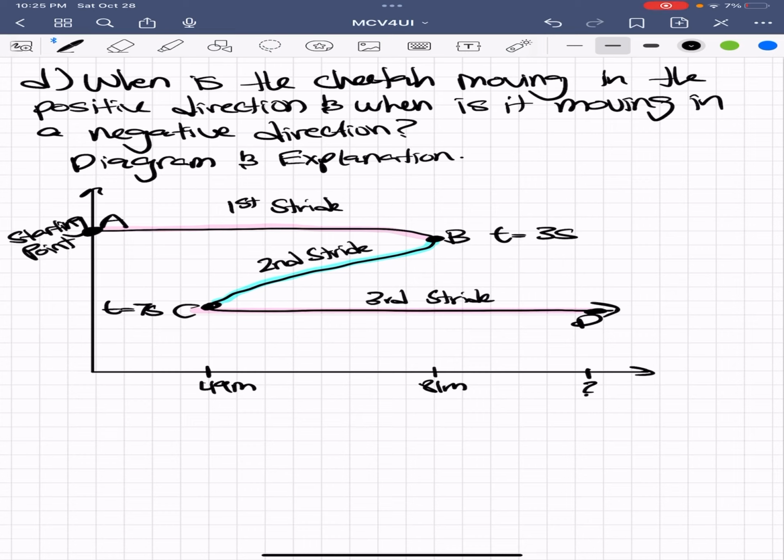When is the cheetah moving in a positive direction, and when is the cheetah moving in a negative direction? We're going to take our handy dandy calculator again, and we're going to ink out a box. The pink is the positive direction, and the blue is the negative direction.